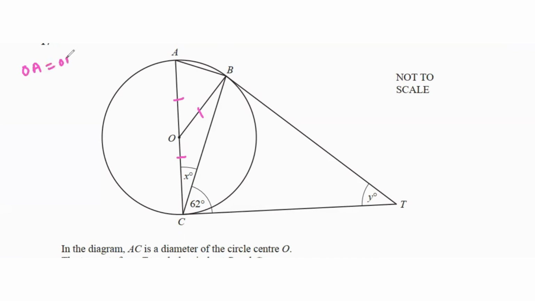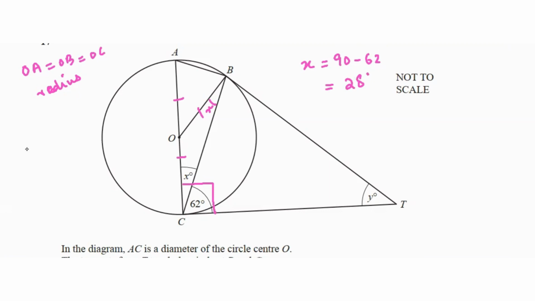OA equals OB equals OC because they're the radius, which means this would also be X. Okay. So if that is 62, firstly, we know that a tangent makes a 90-degree angle with the radius. So X would be 90 minus 62, which is equal to 28.